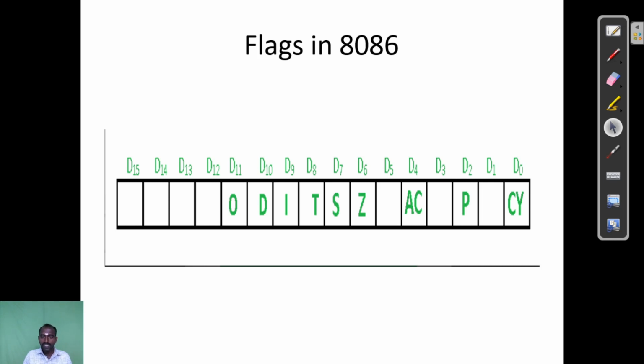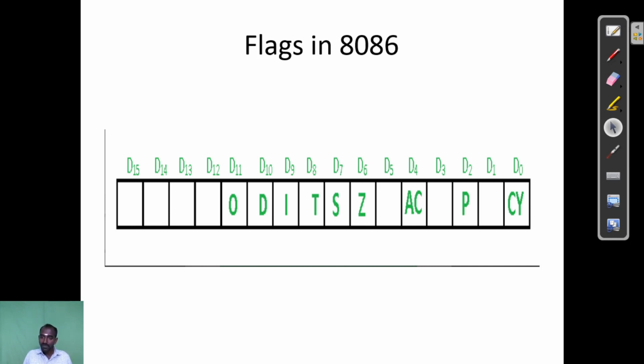Okay, here 6 flags are affected by arithmetic and logical operations. The remaining 3 flags are used to control the processor operation, that means control bits. What are the arithmetic and logical operation flags?